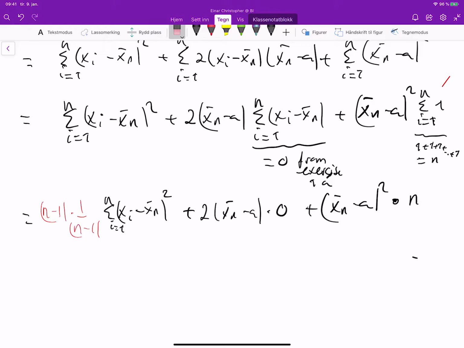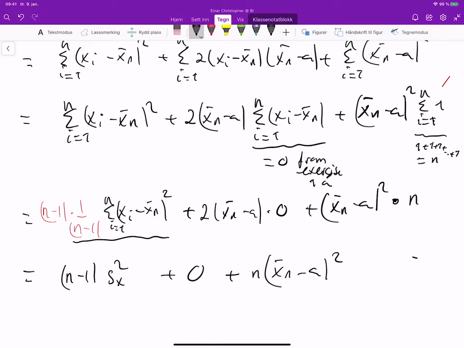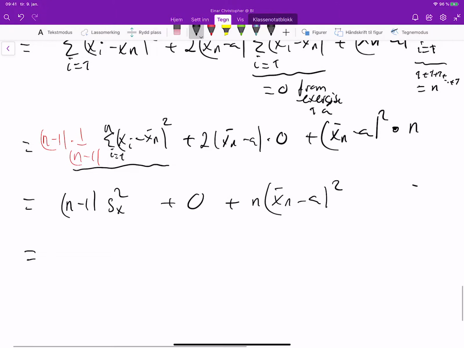And then we have the answer, because now we can see that this is sx in the power of 2 from the definition, and I have then this n minus 1 in front, plus 0, plus n times xn bar minus a in the power of 2. Okay, once more without the 0, and this was what we were supposed to show.